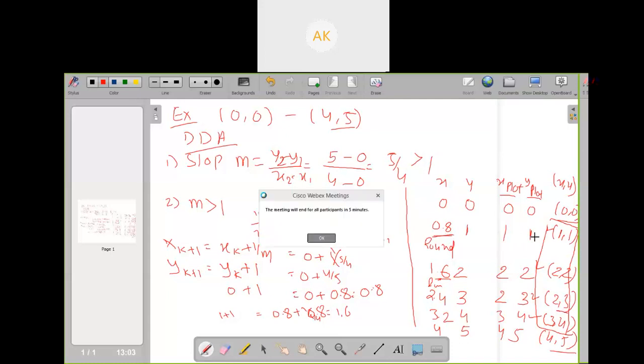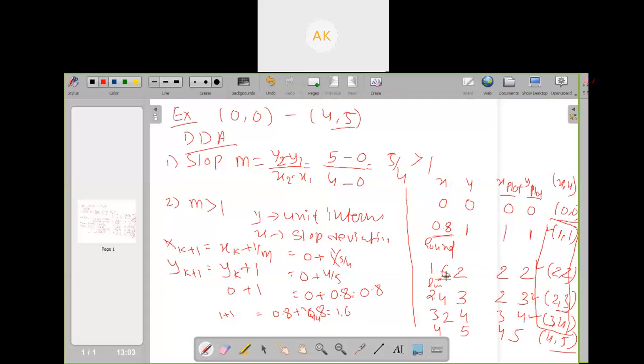So you have to change your floating point values or real values into integer values to plot on your screen. So I am applying the round function on these float values and changing them into integer values. Here 1.6, I am applying the round function, which changes the 1.6 value into 2, because after the point there is 0.6.